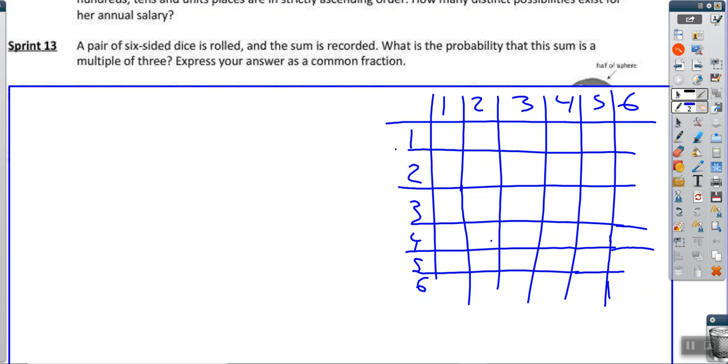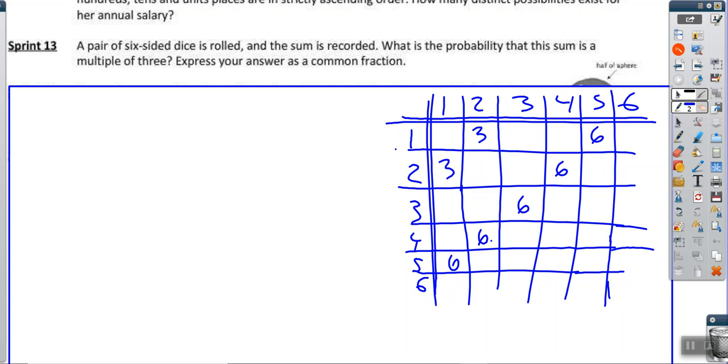We have 3 here, which also is 3 here. 5 plus 1 is 6. 4 plus 2 is 6, 6, 6, 6. I'm just going to differentiate between the rolls and the numbers.